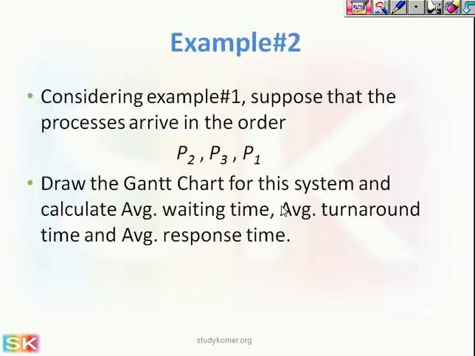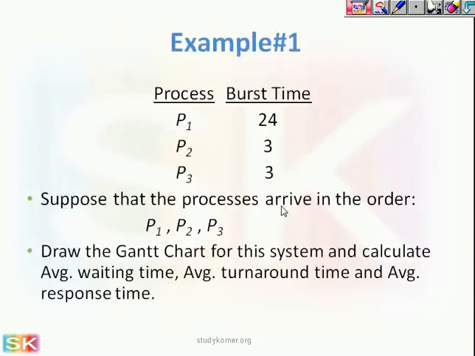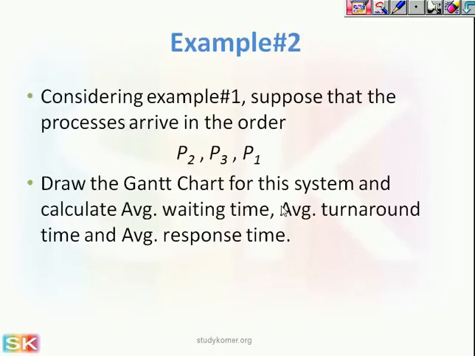Let's have another example. So considering example 1, that is our previous example, suppose that the processes arrive in the order P2, P3 and P1.